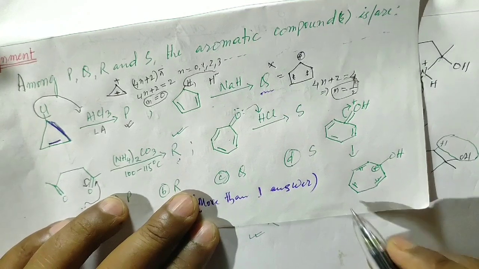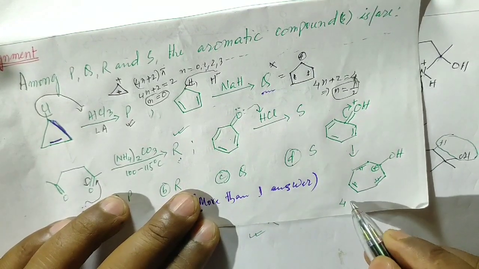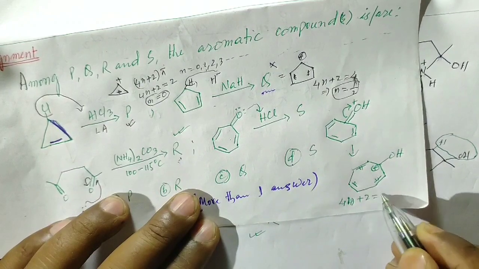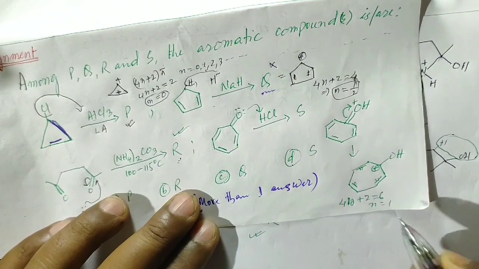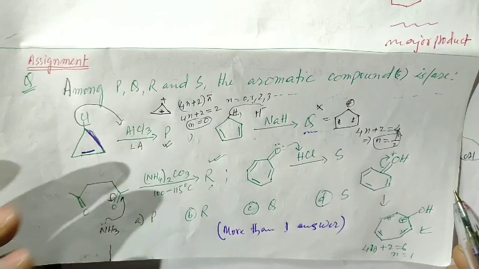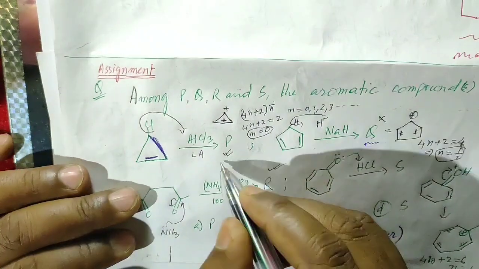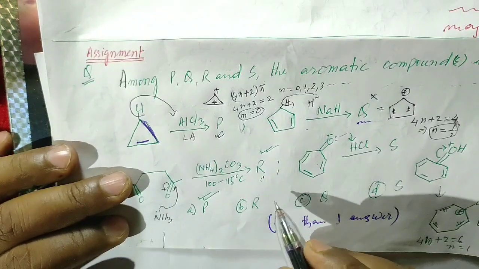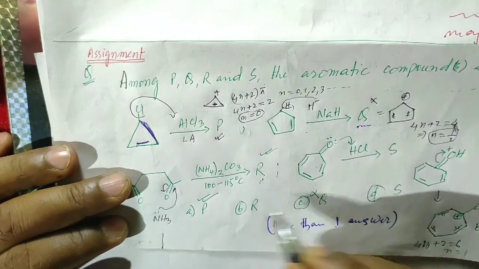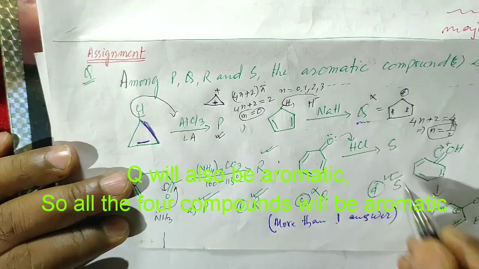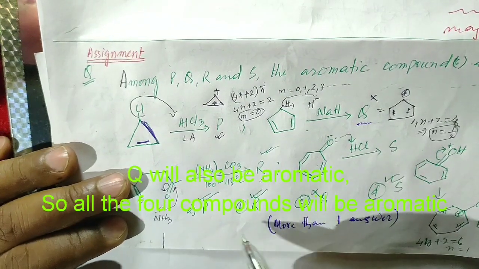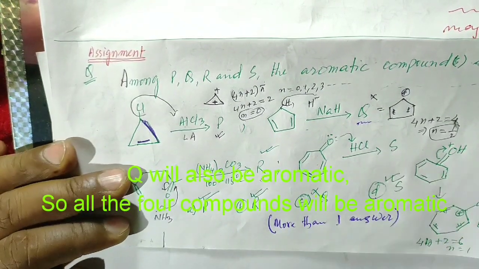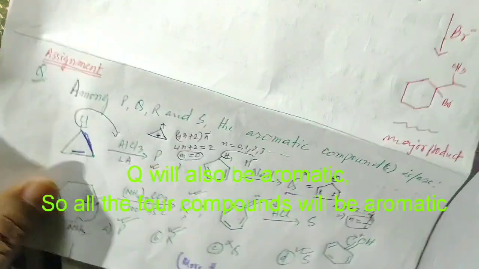When these 6 electrons are equated with 4n plus 2, then n will be 1. So this is aromatic. So in the question, P is aromatic, Q is not aromatic, R is aromatic, and S is aromatic. So among the four options, 3 options are correct according to the question.